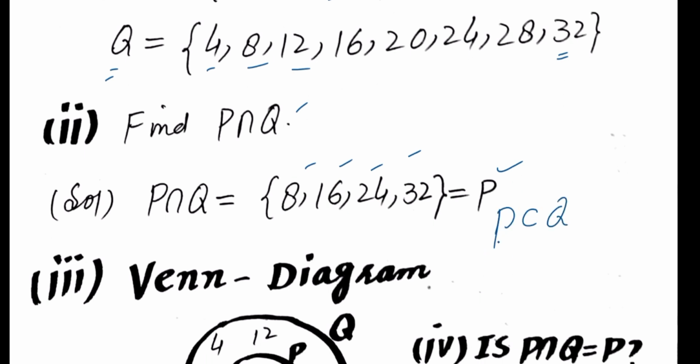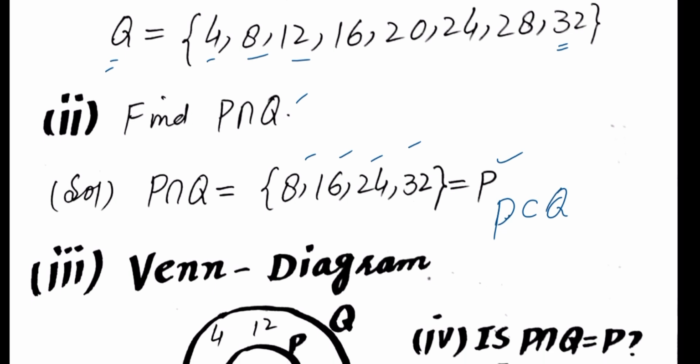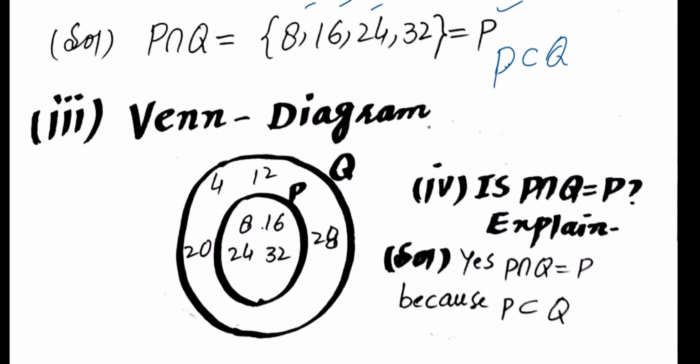You can see here P is a proper subset of Q. In the case of a proper subset, the smaller set is represented by the smaller circle inside the larger circle. So this is my set P, which consists of elements 8, 16, 24, 32, and the remaining elements we write outside the set P: 4, 12, 20, 28, which are outside set P but part of Q.